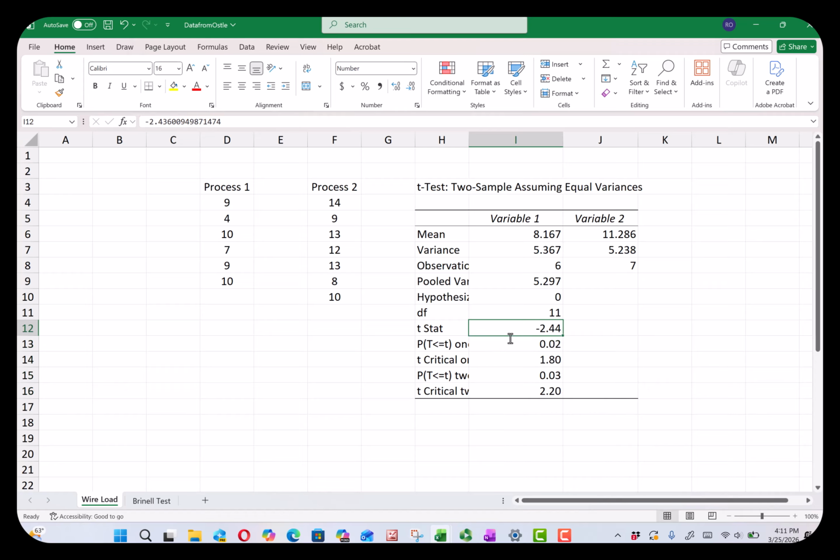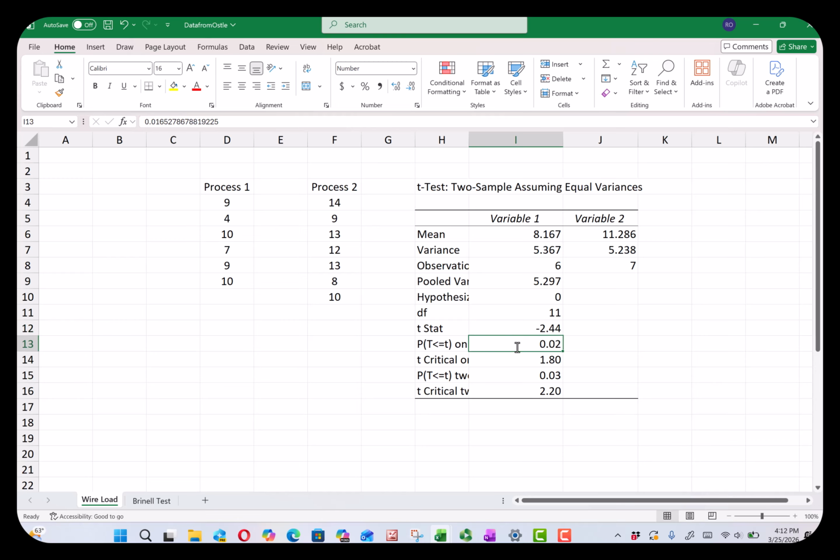Here, the t statistic, the calculated difference between the two means, is minus 2.44, which indicates that the process 1 mean is less than the process 2 mean, since it's negative.